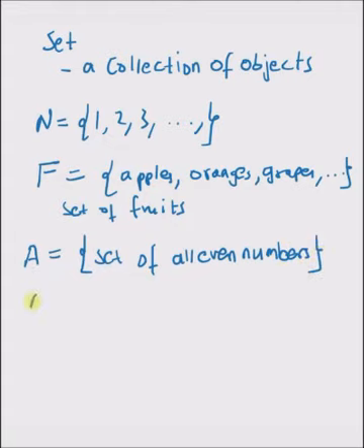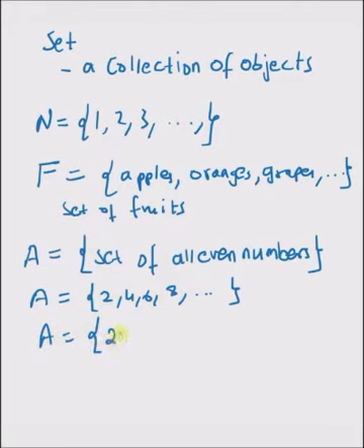This can also be represented as the set of the numbers 2, 4, 6, 8 and so on. So this is basically the set of all even numbers. And it can also be represented by using a mathematical expression such as 2x, where x is basically the set of natural numbers.